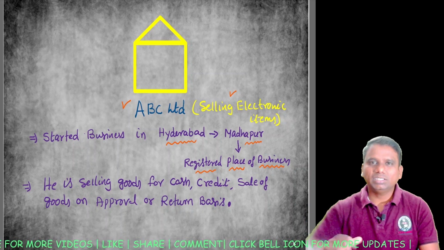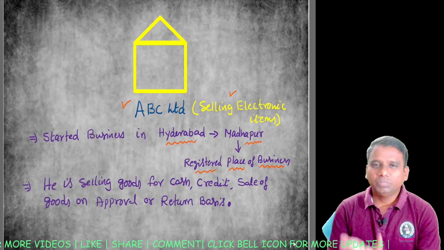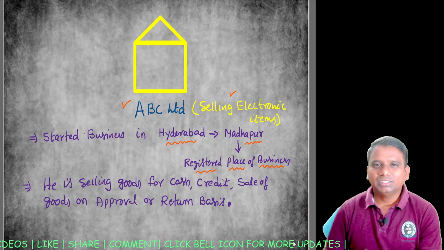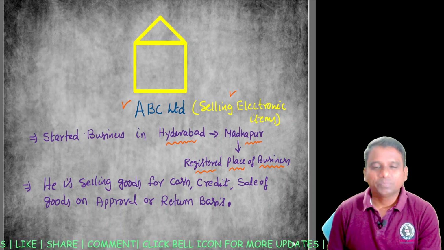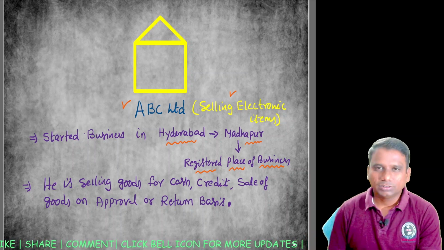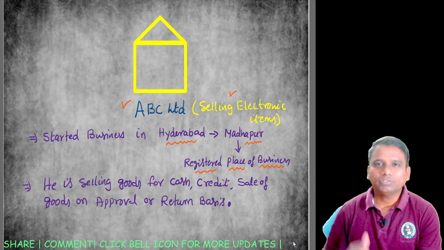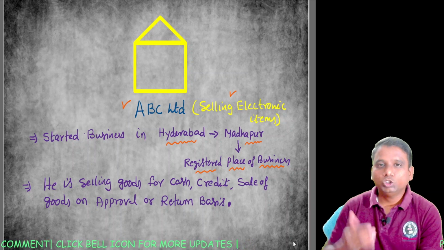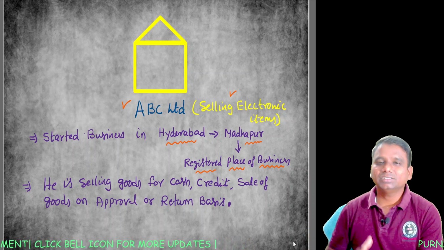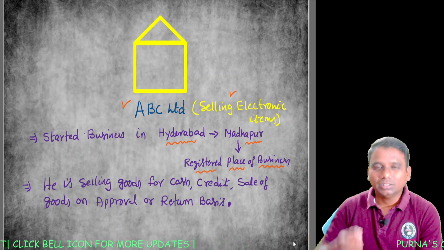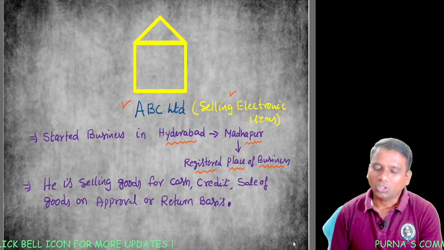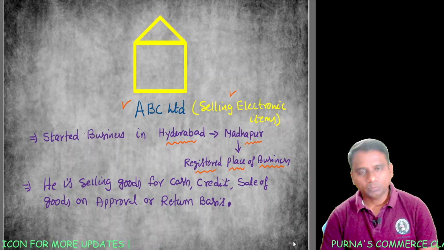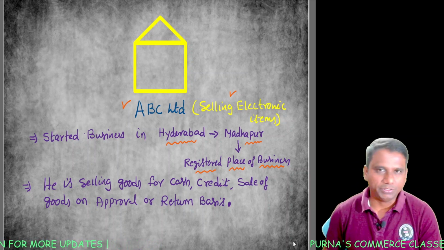When you are registering a company, we should submit two important documents, MOA and AOA. MOA consists of various clauses. First, the name clause. Second, the registered office clause. Whenever you are registering a company, you should mention the office address in the registered office clause. Our office address is Madhapur. This is our registered place of business.